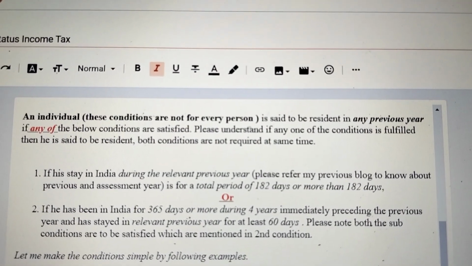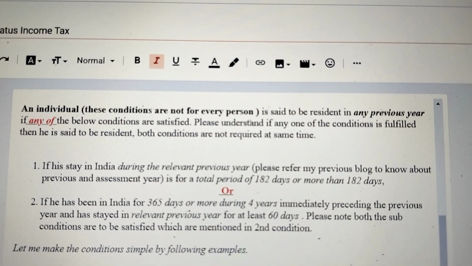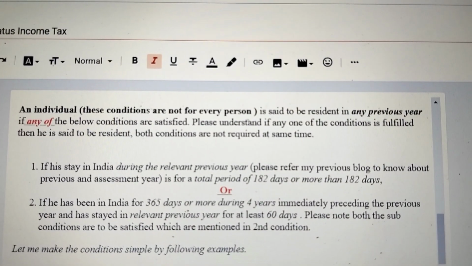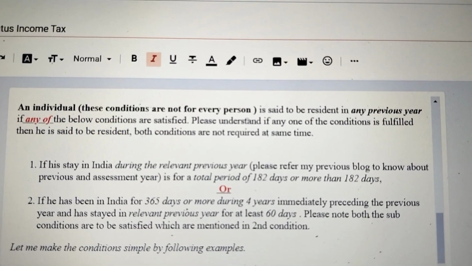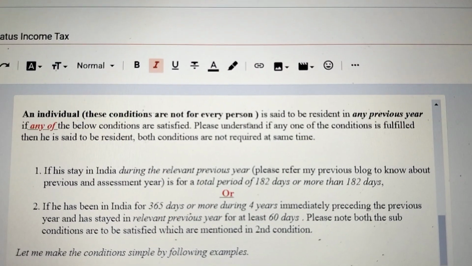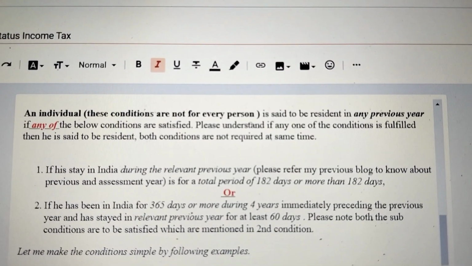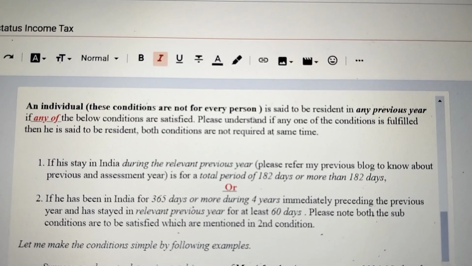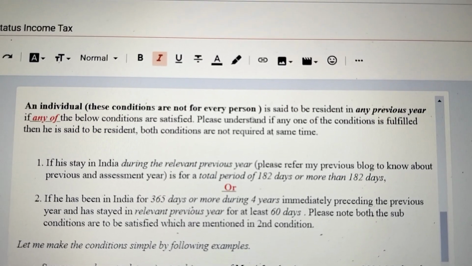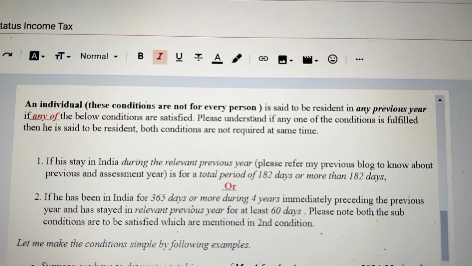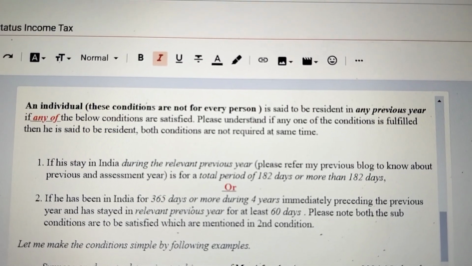Let me quickly revise the topic. What is residential status? Residential status of an individual is determined based on the conditions given in the Income Tax Act. There are two conditions. The individual has to be in India for 182 days or more in the relevant previous year.